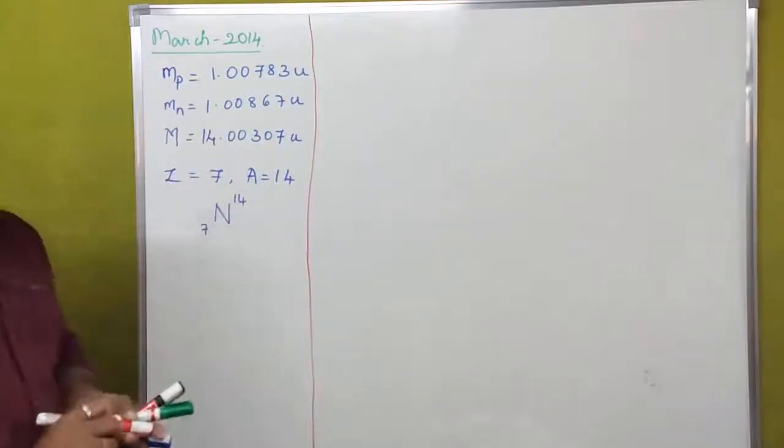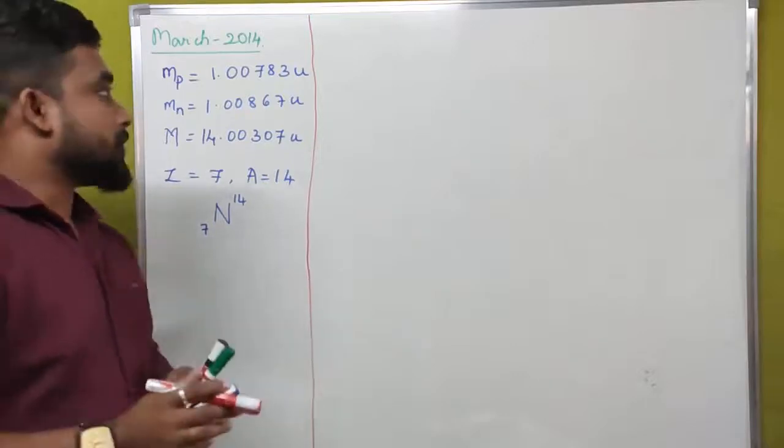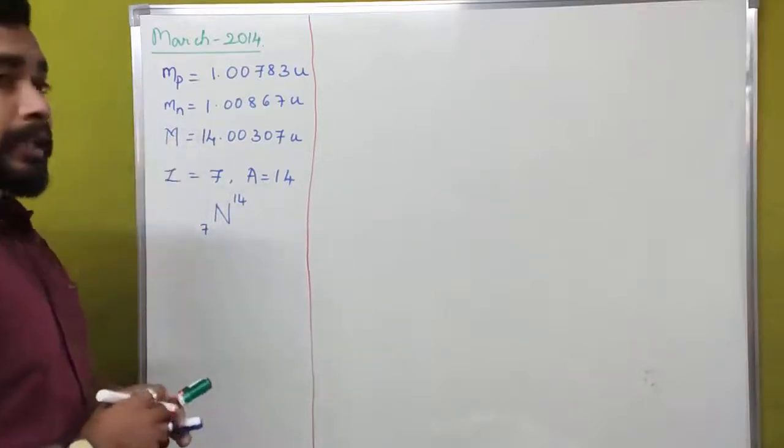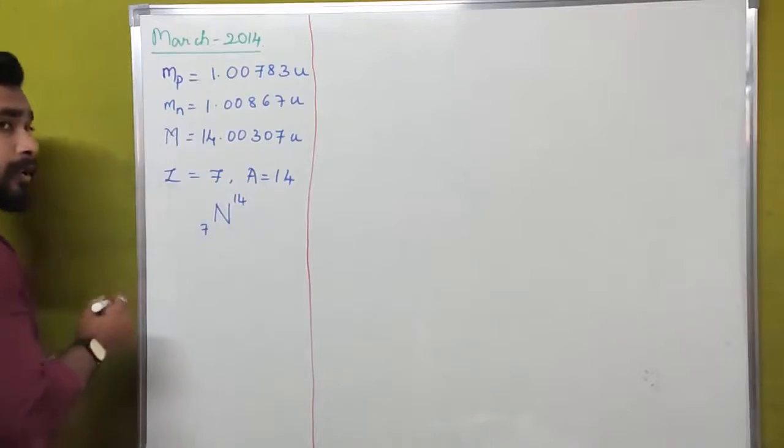Here what we want to calculate is binding energy and binding energy per nucleon.